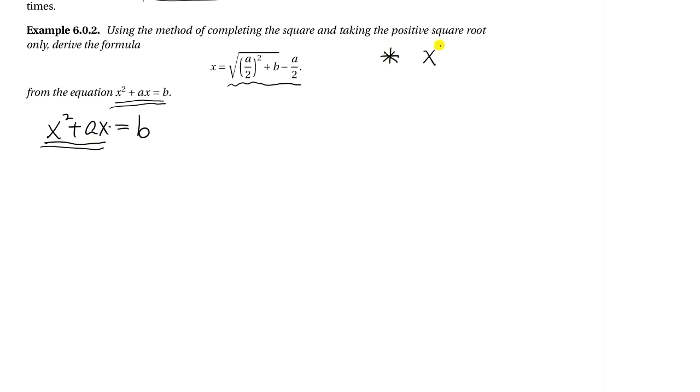Okay, so x squared plus ax. Remember, to make the complete square form, eventually we are going to get x plus a over 2, squared. Remember that way, right?